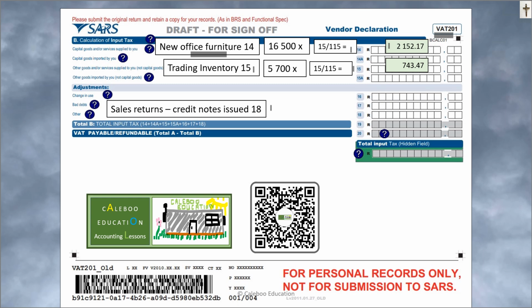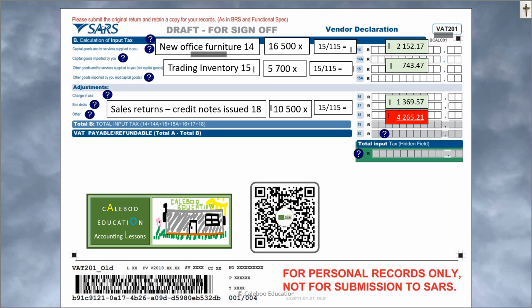We had credited their accounts, so we needed to reverse the original output VAT, and the amount of returns amounted to 10,500. To get the VAT on that, multiply by 15 over 115, the VAT fraction, and we get 1,369.57.